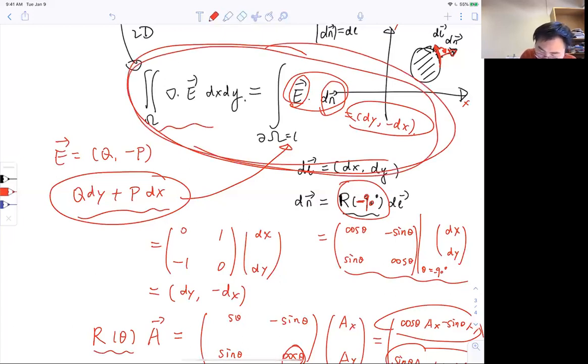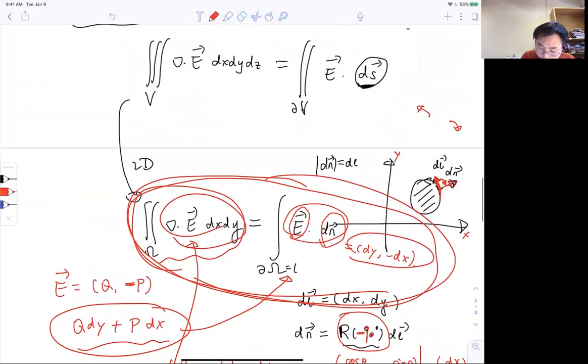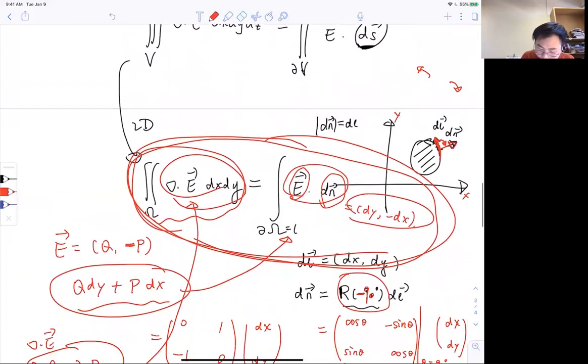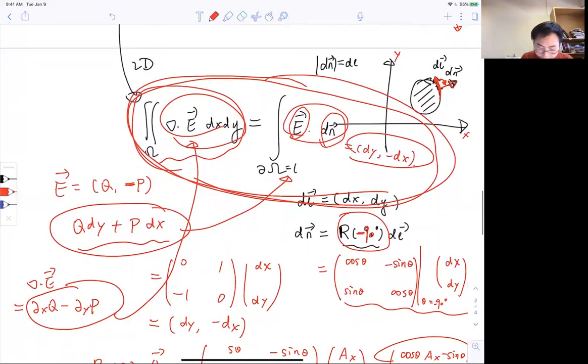And the left-hand side is the divergence of this vector, which is partial x of Q minus partial y of P, right? This is nothing but this part. So this 2D version of the divergence theorem gives us Green's theorem if I set E to be (Q, minus P).